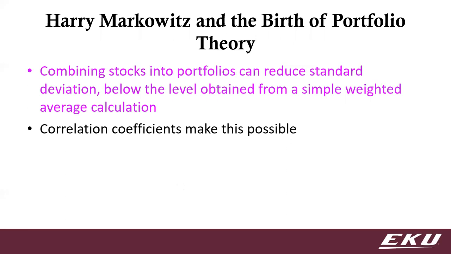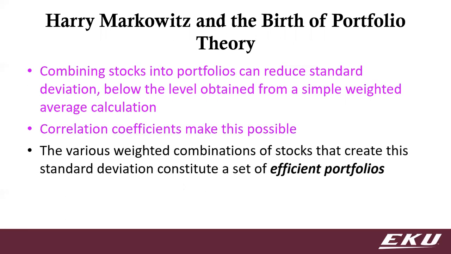So as long as we have that correlation coefficient, we can do that. And we would say that by taking that, we're able to come up with a set of efficient portfolios. And when we're saying efficient, what we're saying is you cannot do better, in the sense that all you're doing is trading risk for reward, right?